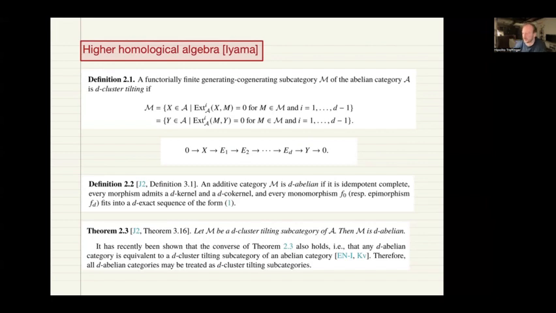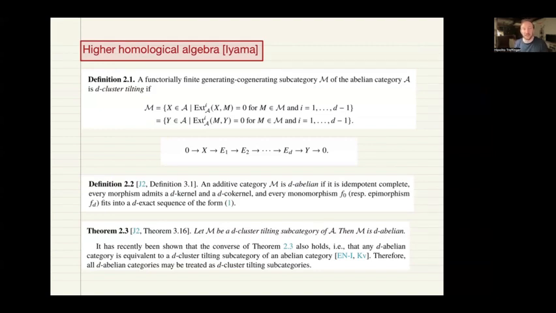Then you start studying the properties that the d-cluster tilting subcategory has, and Gustavo Jasso came up with the notion of d-abelian category, and he actually gave the axiomatic definition of d-abelian categories and showed that every d-cluster tilting subcategory of some abelian category is indeed a d-abelian category.